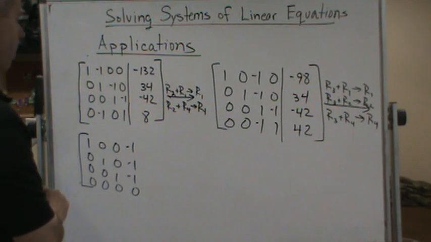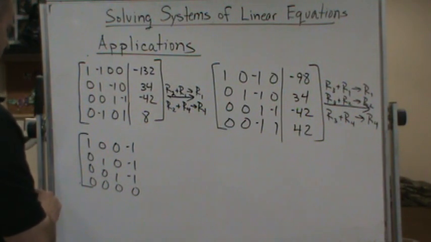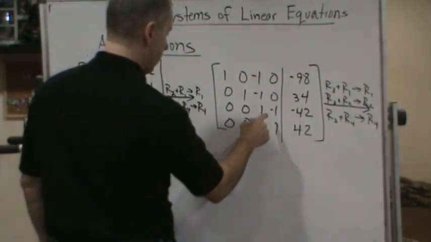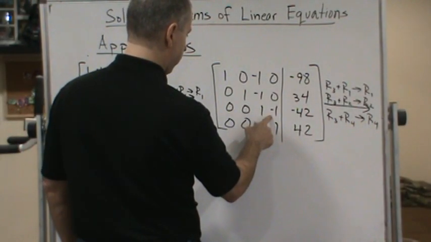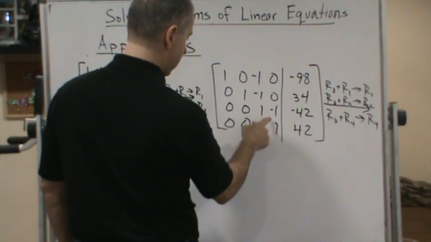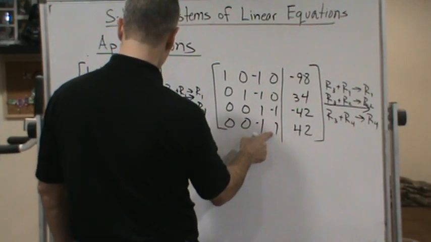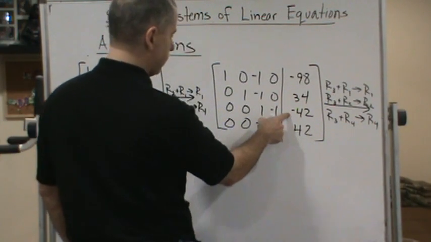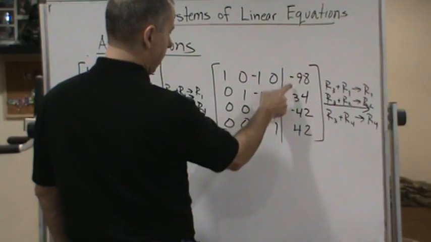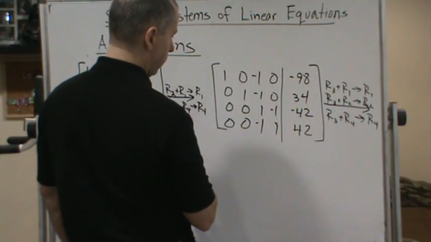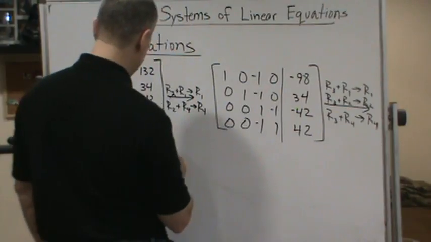Right? Oh, excuse me. And so now, yeah, these become 0, -1, -1, 0. Right? And then this is going to be, okay, so -42 plus -98 is going to be -140.